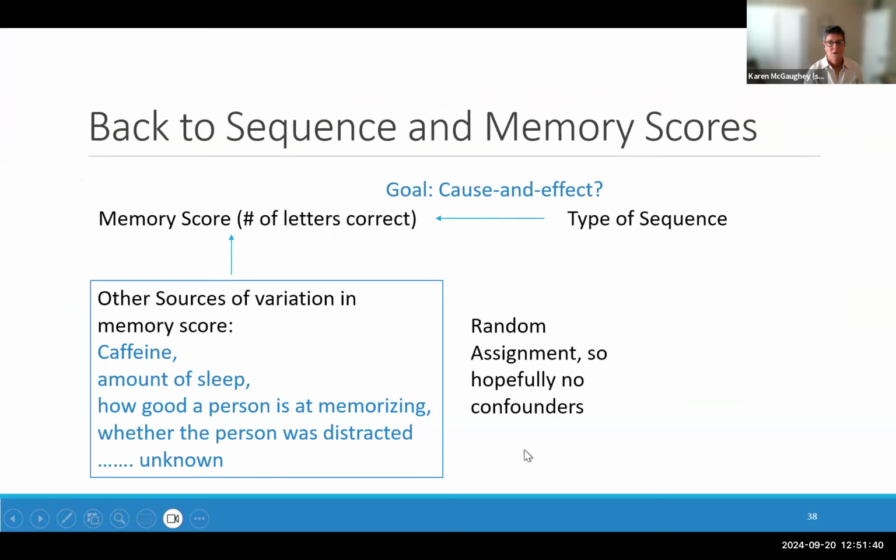The study used random assignment, so hopefully these things over here are not acting as confounders. But they're still responsible for variation in memory score, right?